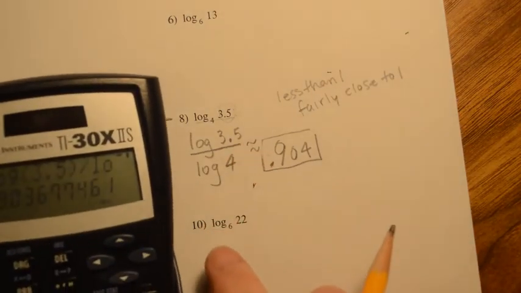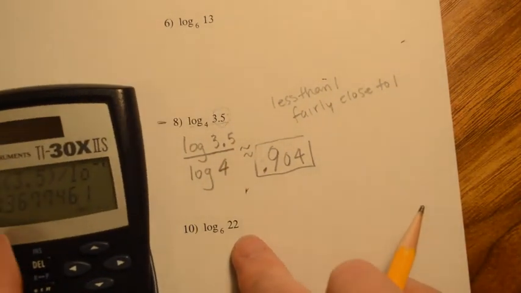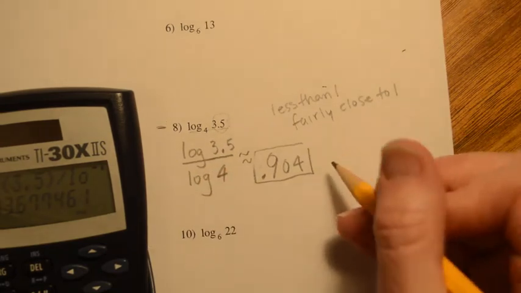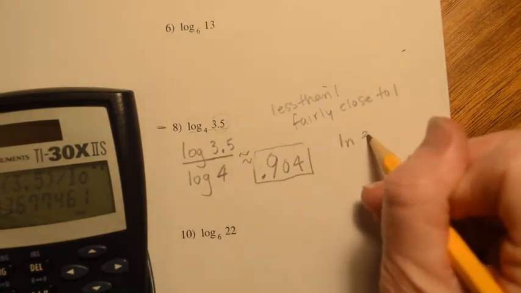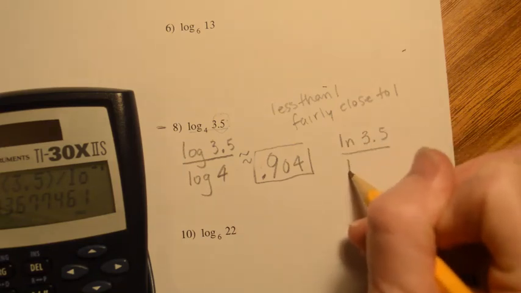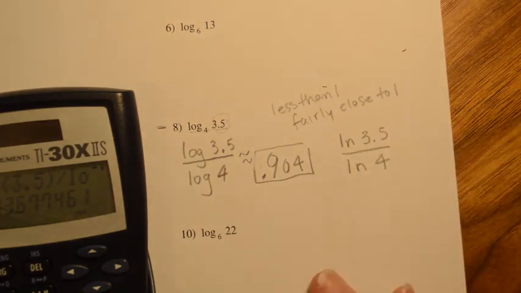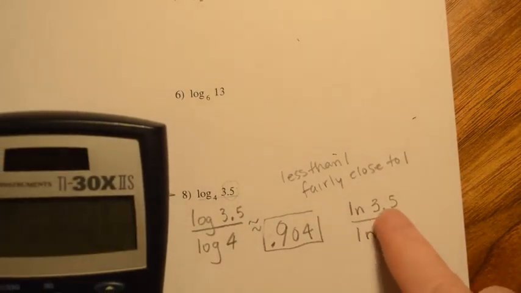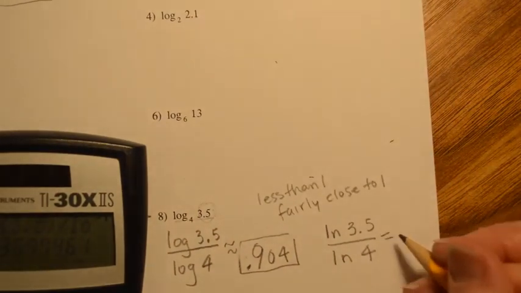Okay, one more thing I want to point out to you, and then I'm going to let you go. I've been using log base 10 for these, but what happens if I do natural log of 3.5 over natural log of 4? If this change of base formula is worth anything, it shouldn't matter what base we use, so we should get the same answer. So let's just confirm.